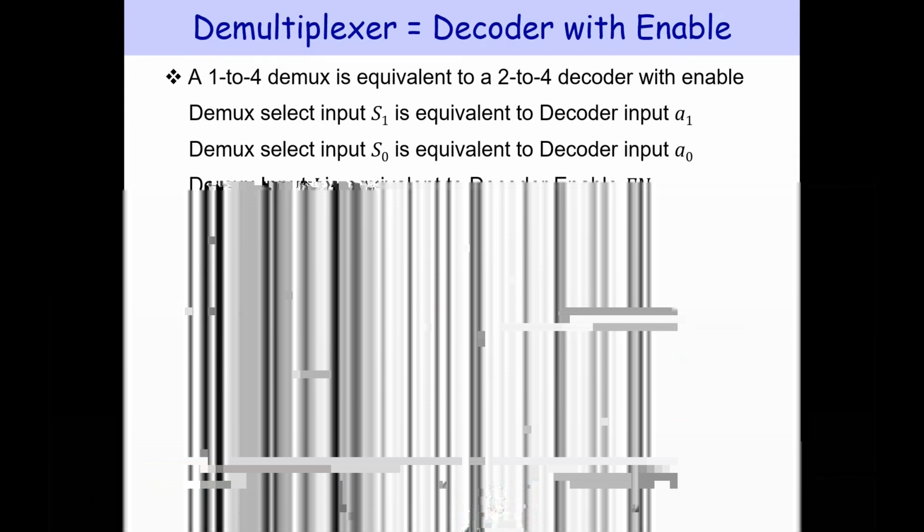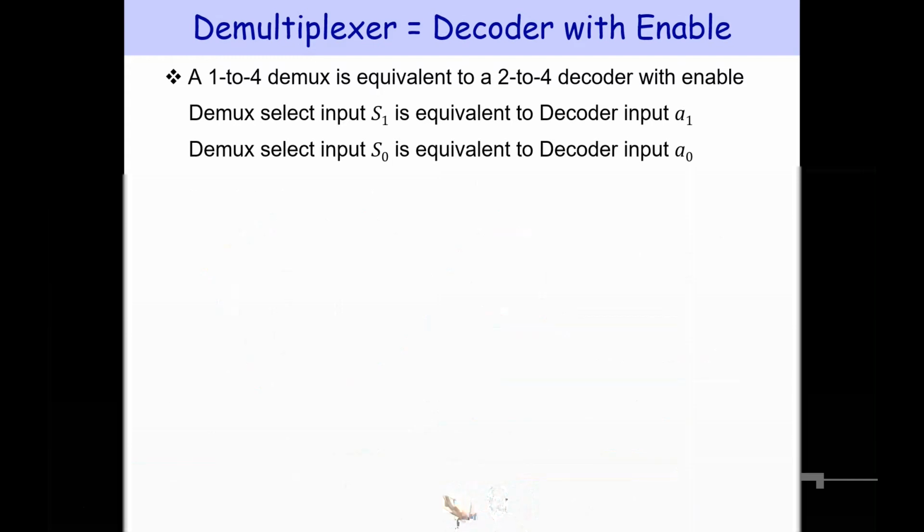So we don't really get any new functionality. Is this clear? Do you have any question about this? Really, we did not get anything new here, because the demultiplexer is a decoder with enable. So just use the decoder as a demultiplexer, and that's it.